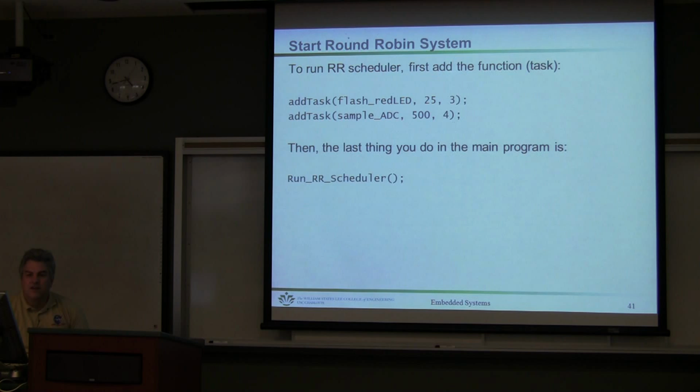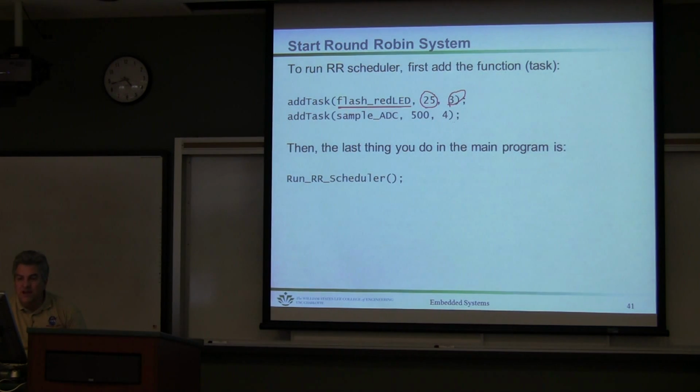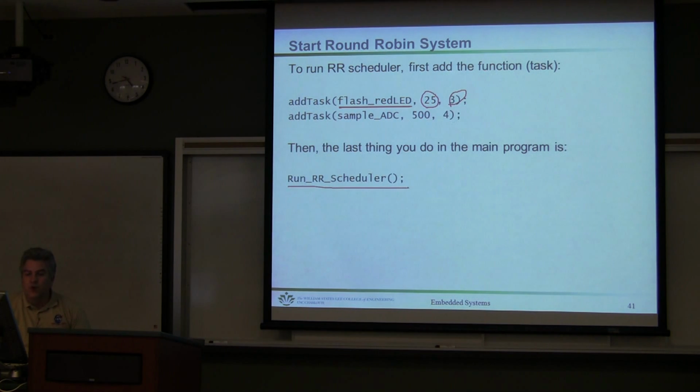To be able to start it, if this is the name of the function that runs, then all you're doing is saying this is the frequency, this is the priority, and this is the name of the function that must execute. And then the main program runs the round robin scheduler, and it should never come back from that because it's a while one loop.